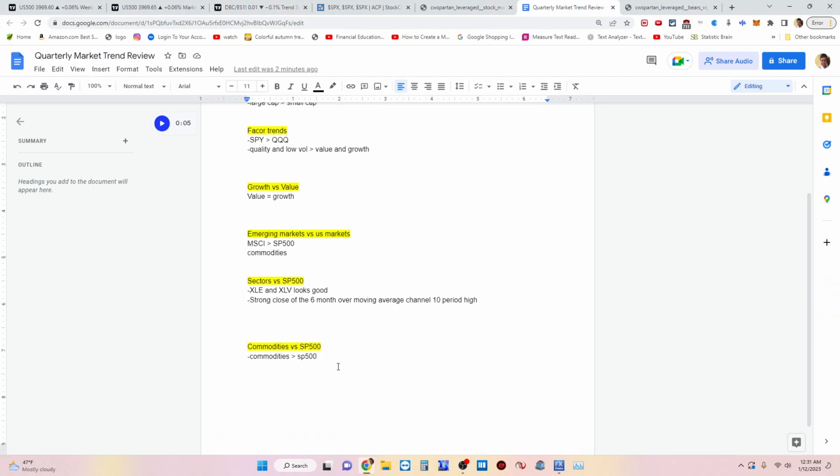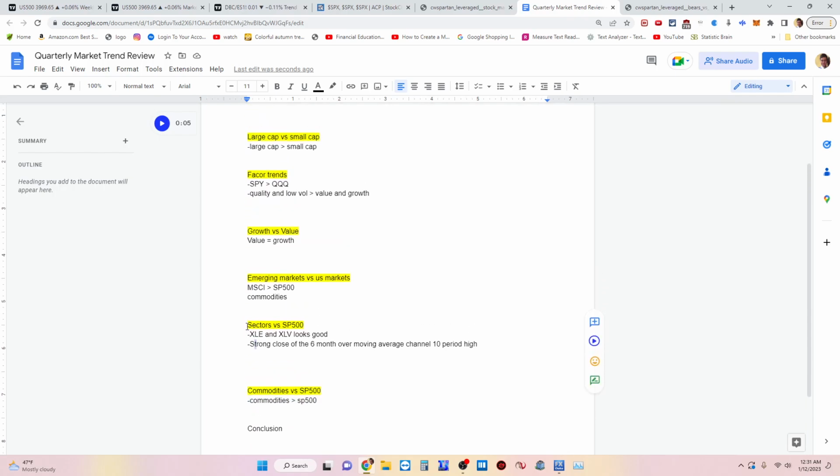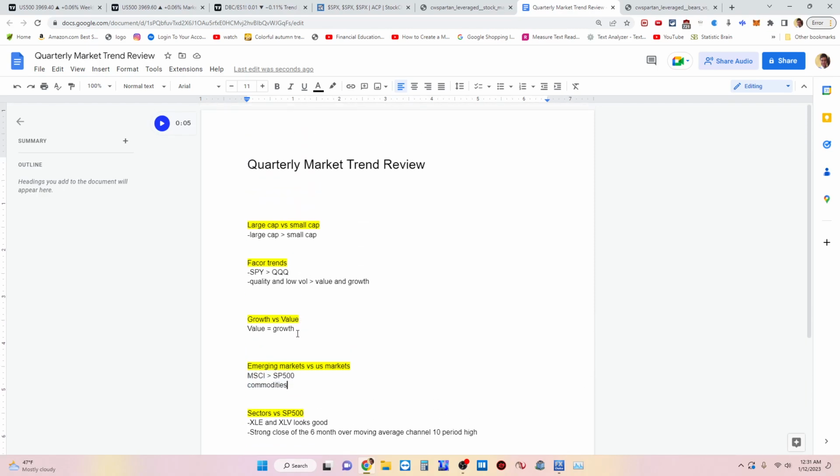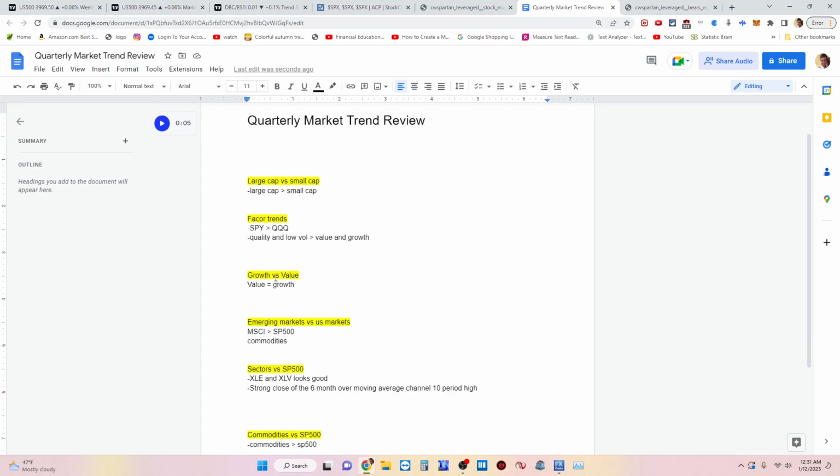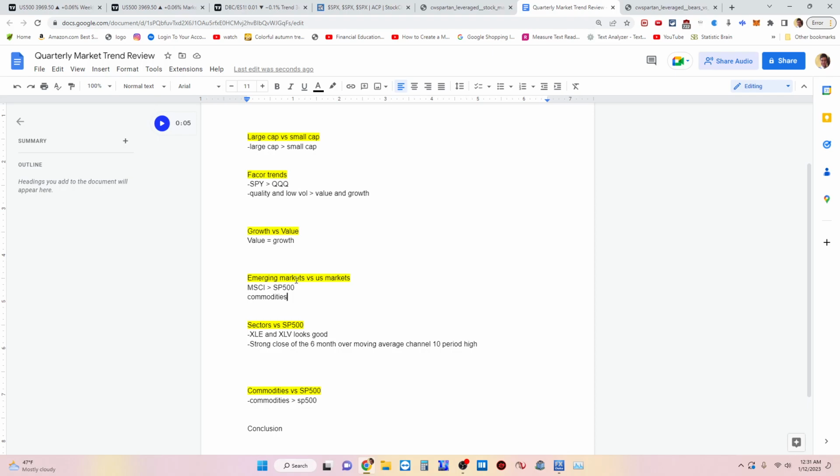So, in conclusion of the trends, whether it's commodities versus the S&P 500, the sectors versus the S&P 500, sectors versus sectors, emerging markets MSCI versus the S&P 500, value versus growth, SPY versus tech or growth, or large cap versus small cap, it's largely risk off, quality, value driven, and commodity driven.